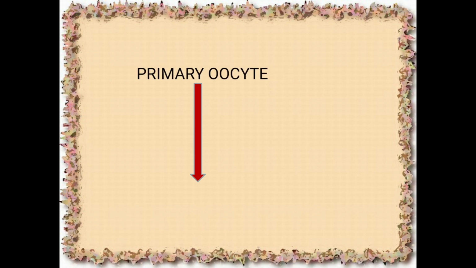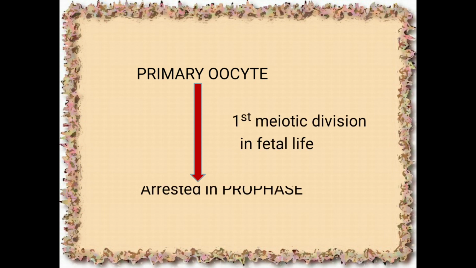Next, the primary oocyte undergoes meiotic division. Actually, the oocyte undergoes two meiotic divisions. The primary oocyte undergoes the first meiotic division during fetal life, at about the 8th week of pregnancy, but this division gets arrested in the prophase.